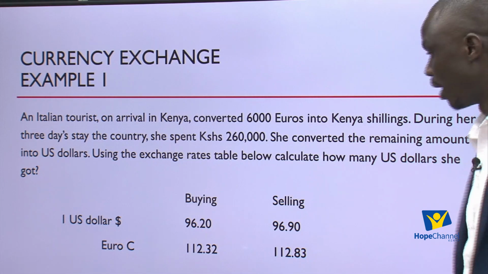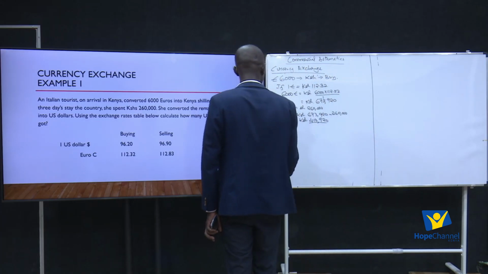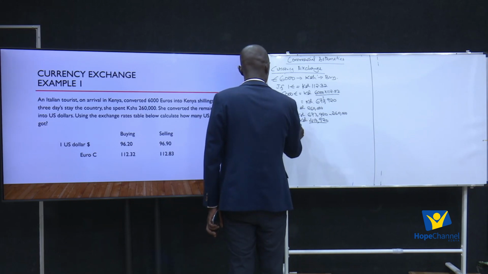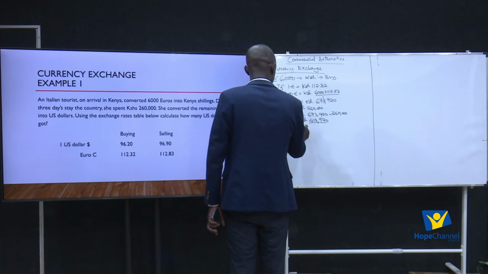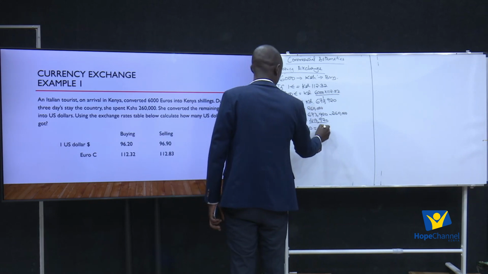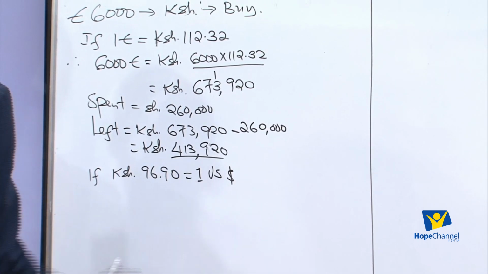Now we need the dollars. So we come and ask ourselves, if Kenya shillings, how much? 96.90 is equal to $1 US.